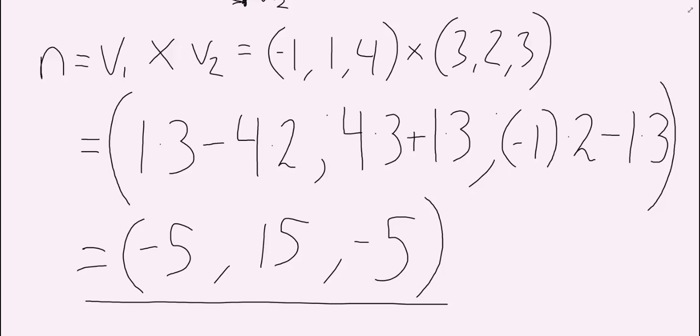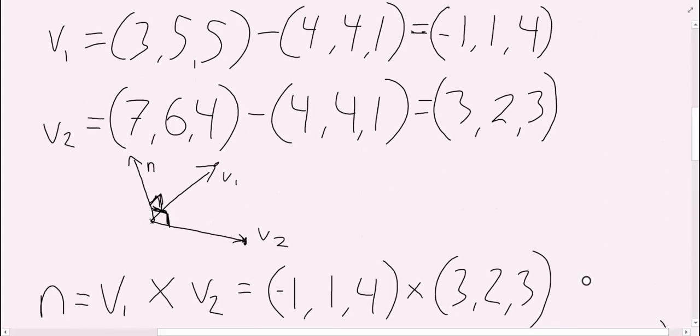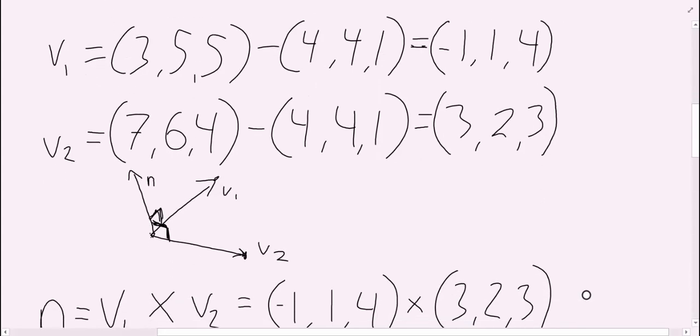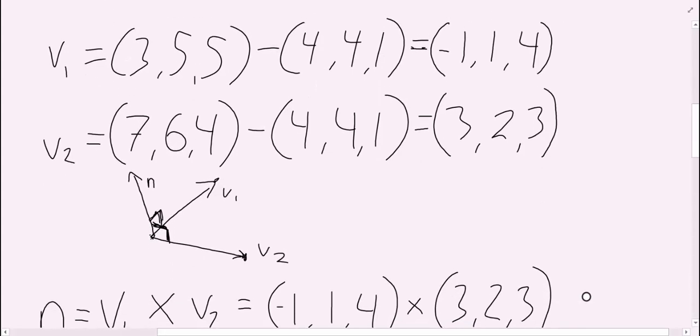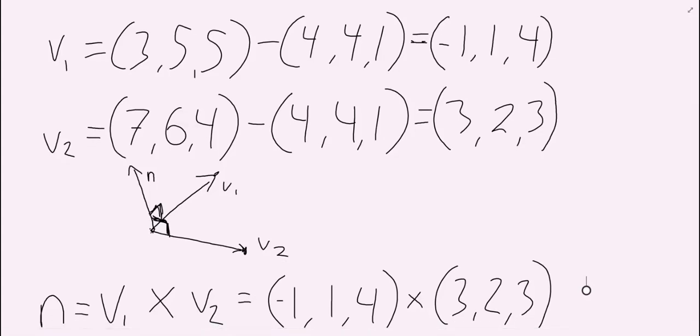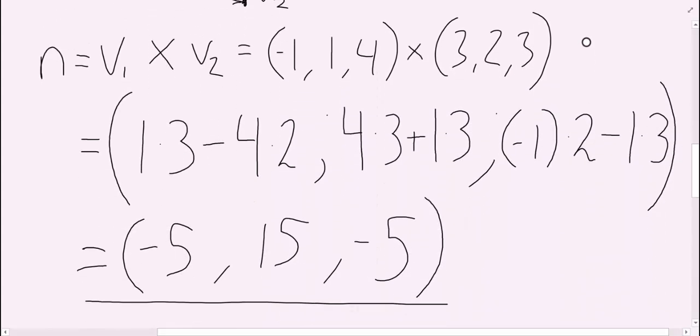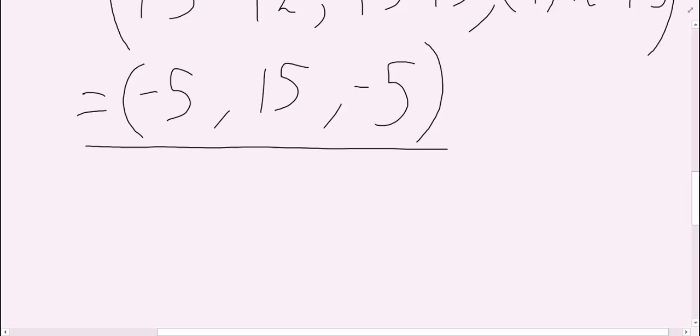And that means we have to set up the point normal form, and we'll just pick one of these points to use. We'll use the 4, 4, 1 since we centered it kind of around that one. So 4, 4, 1 is the one we choose.